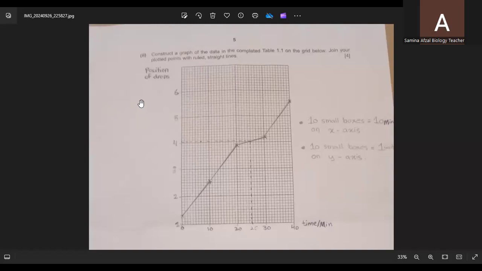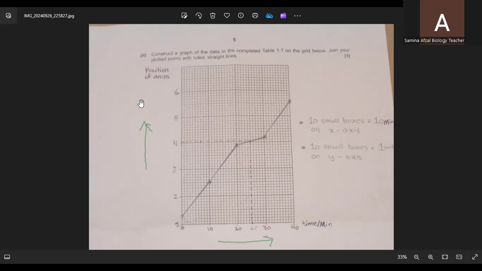On the x-axis, time is the independent variable, whereas the position of the drop is the dependent variable. So I have taken time on the x-axis and position of the drop on the y-axis.